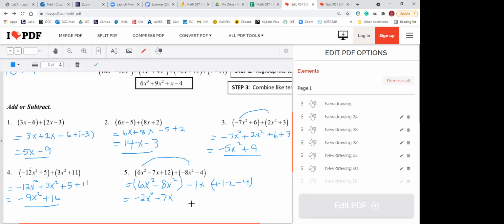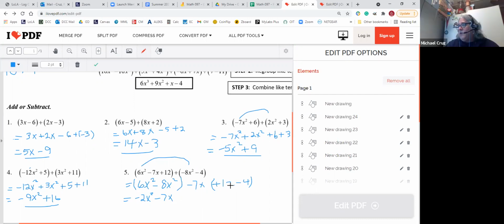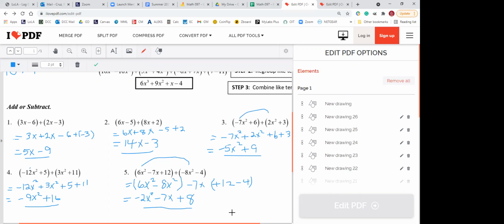And then these right here, it's just 12, take away 4, which is 8, right? Right, it looks like you got it, Shanika. Okay, questions? We got plenty of time. I must have added.